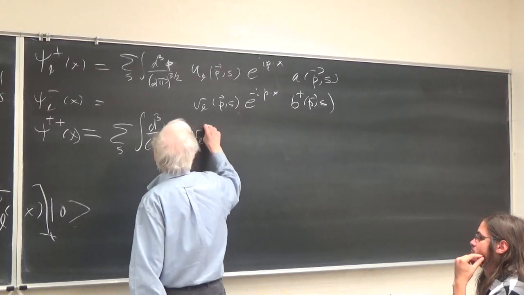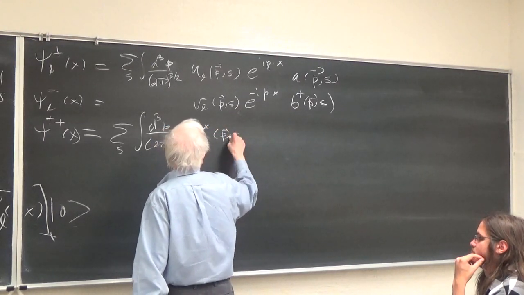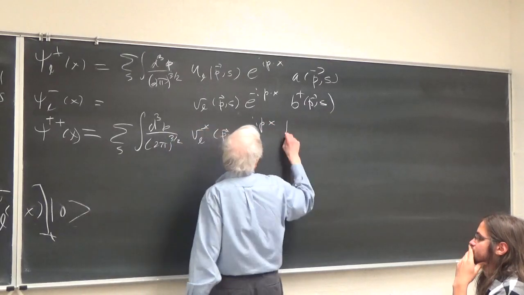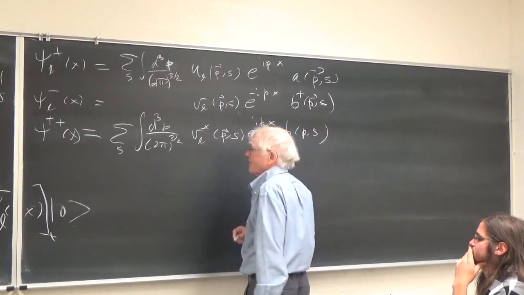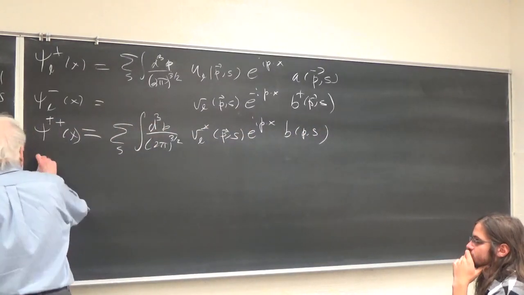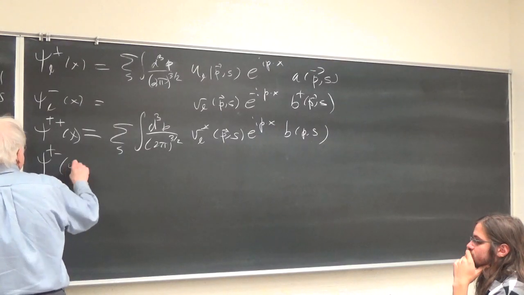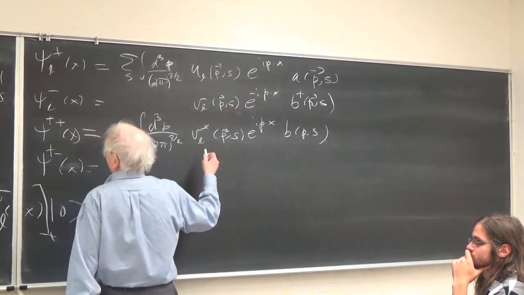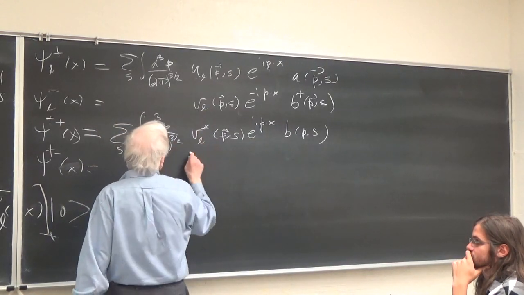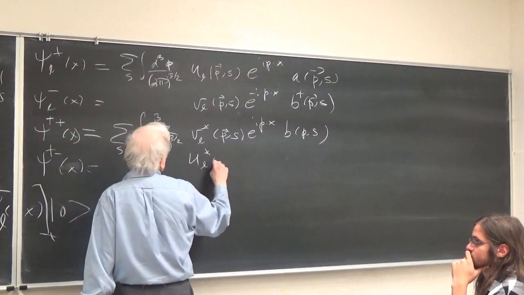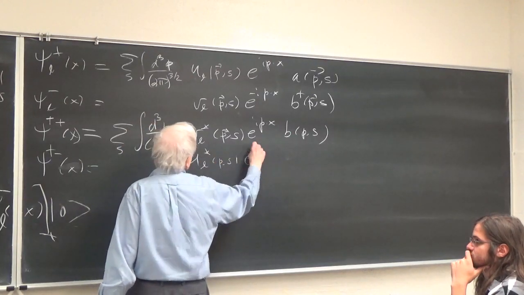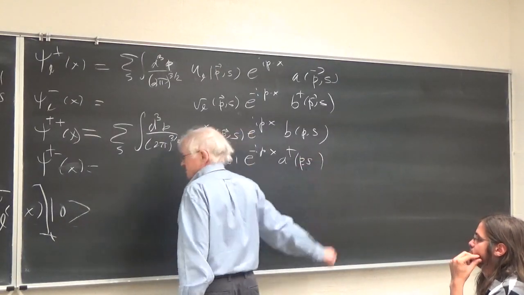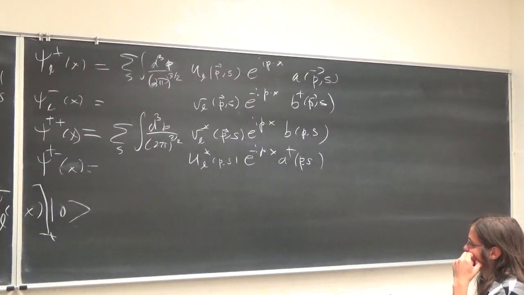So that would be vL star of p and s, e to the i p dot x, b of p and s. And psi dagger minus of x would be the same thing, but it would be uL star of p and s, e to the minus i p dot x, a dagger of p and s. So those are the four forms that we need.